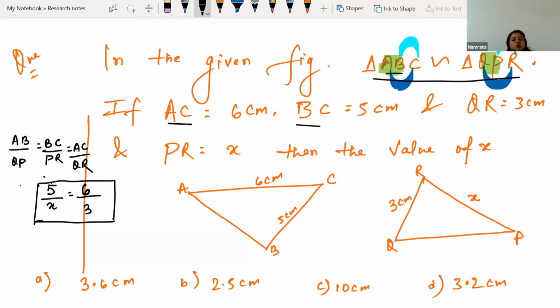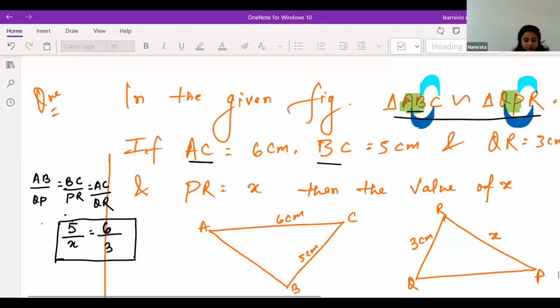Can you see it? What will be the value of X from here? Tell me. Write it in the chat box, everyone. I'm waiting for your response.